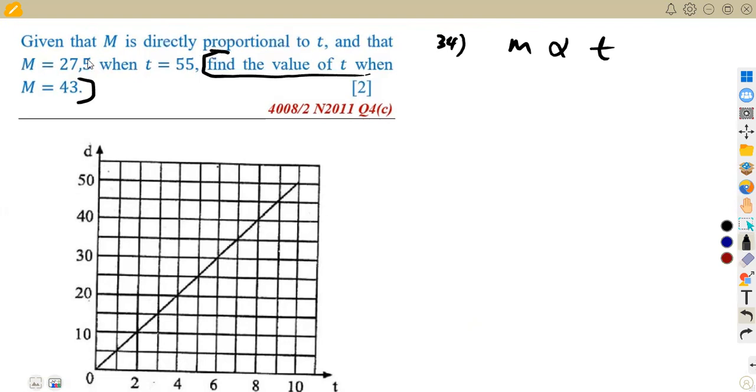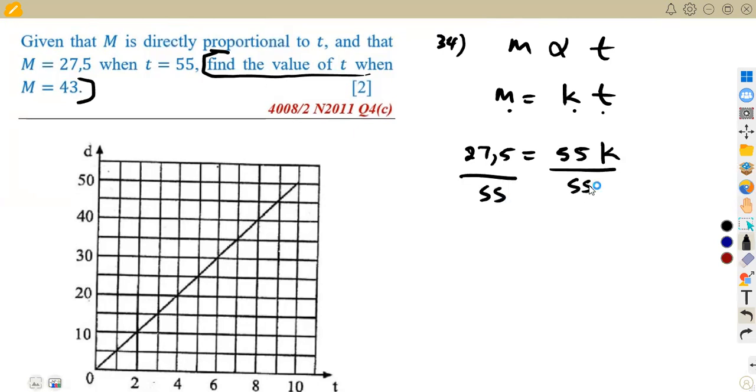First, with the given information, we need to know the relationship between M and T with a constant K. So we are going to substitute M being 27.5, which is equal to K times T, and at that moment T is 55. So that's 55K. To find K, simply divide by 55 here. So our K at the end was going to give us 1 over 2.